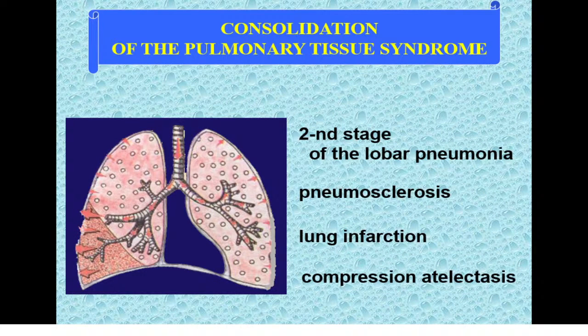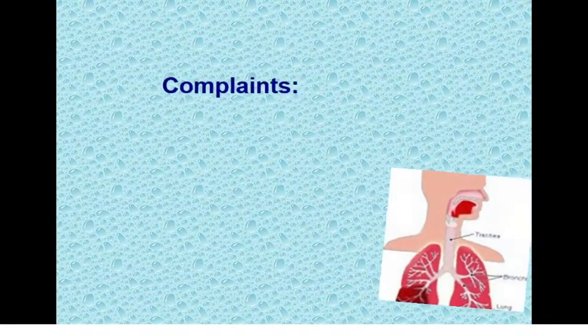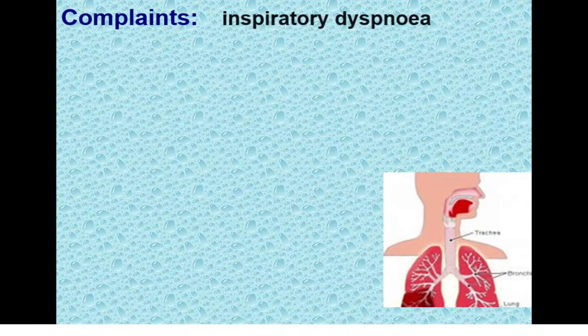Alveoli are excluded from breathing because they are filled with inflamed liquid in pneumonia, blood in lung infarction, they collapse in atelectasis, and are restricted in activity due to growth of connective tissue in pneumosclerosis. In all cases, part of the lung loses airiness and becomes dense, which is characterized by definite signs.